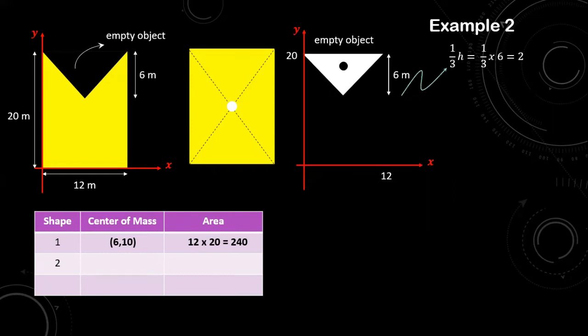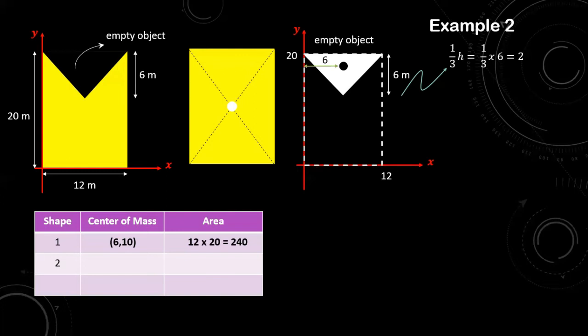Students, measuring the center of mass should be from 0, 0 or with respect to the origin. By manipulating this empty object, we found that the center of mass for the x component is 6 meters, right, everyone?